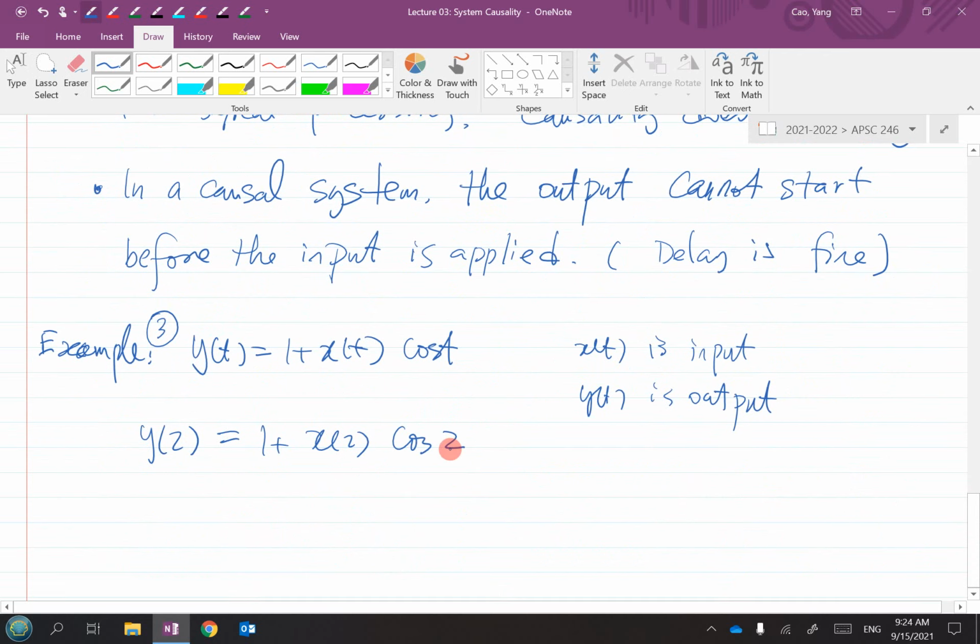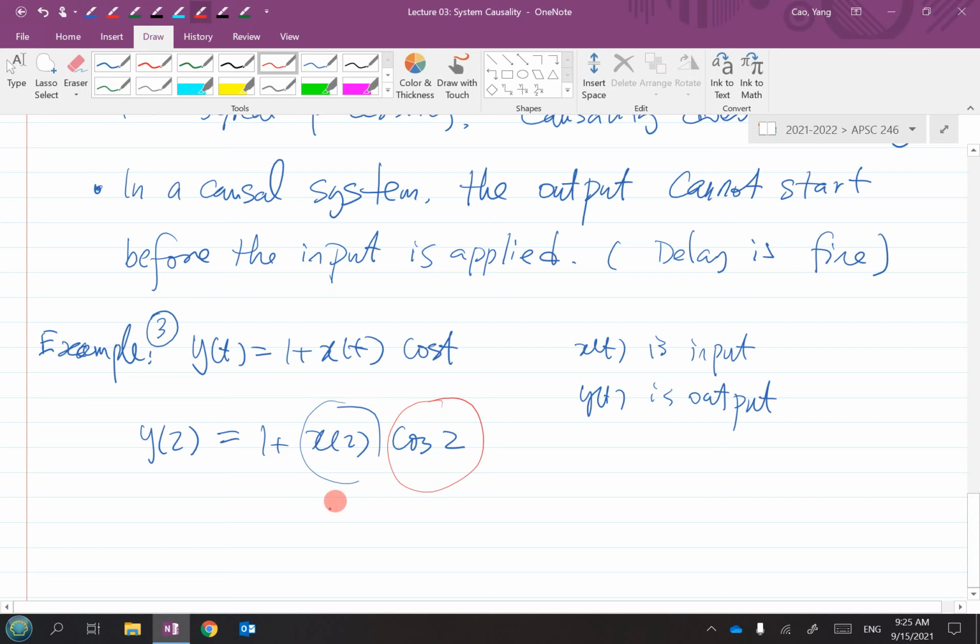Now you go back to your observation. The current output value depends on where the input is in the expression. So you do not confuse yourself: this term is not an input term. This is just some sort of a term due to the characteristics of the system.